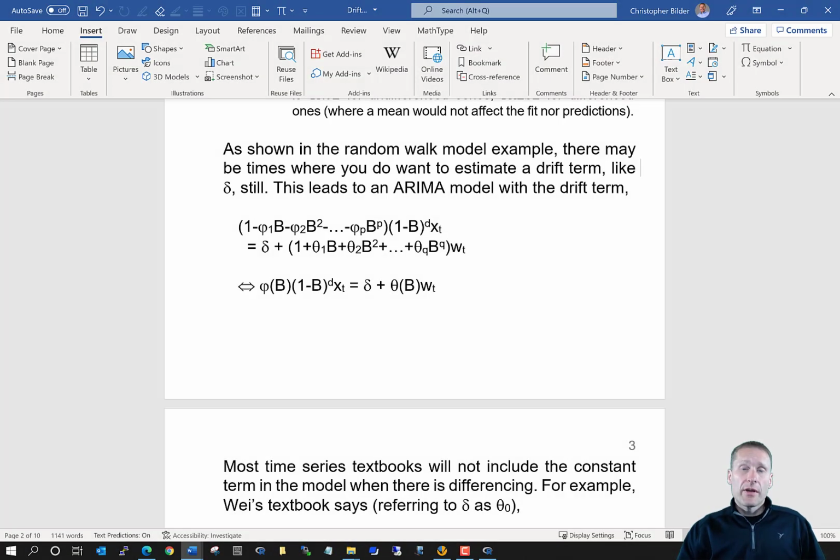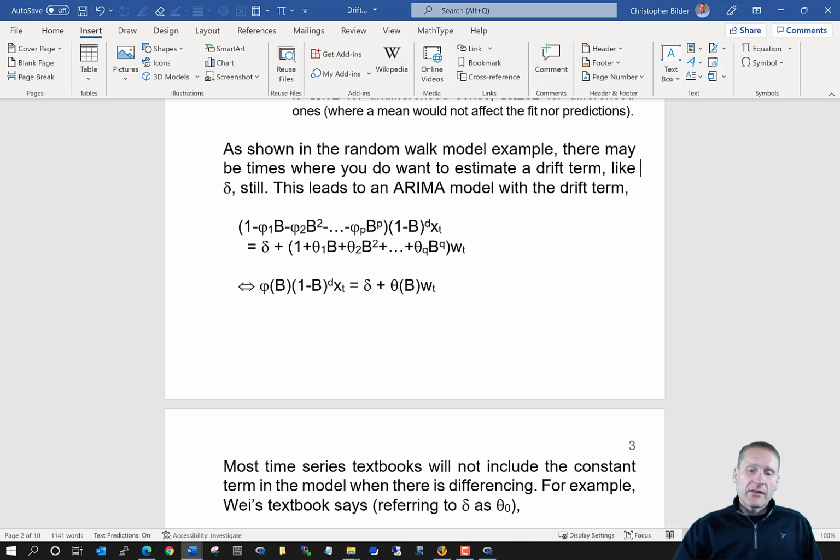So despite what the ARIMA function allows us to do, there are times where we still would like to estimate this extra term in our model even when there's differencing. We'll look at ways to get around how ARIMA is set up so that we can still estimate that delta.